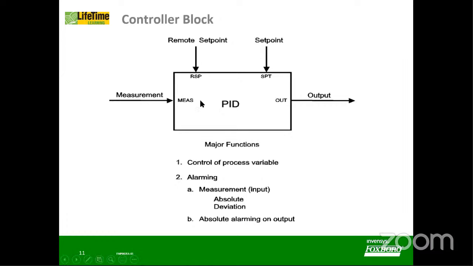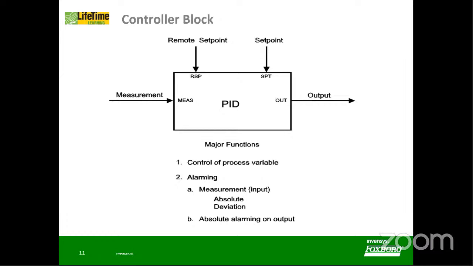The operator will simply change the mode to remote. Once it changes the mode to remote, whatever connection has been given to this remote set point, that value will be considered by the PID, and the PID will start giving the output based on the calculation of the difference between the measurement and the remote set point value. That's how the PID block can be designed in the case of the Foxboro DCS system.